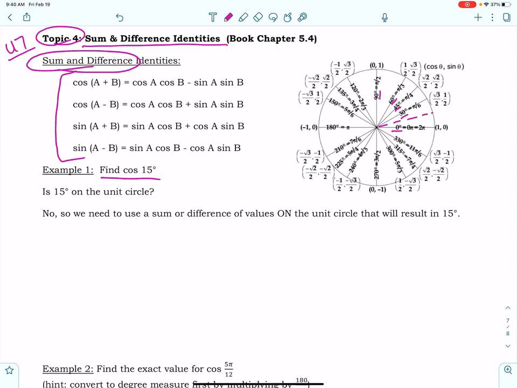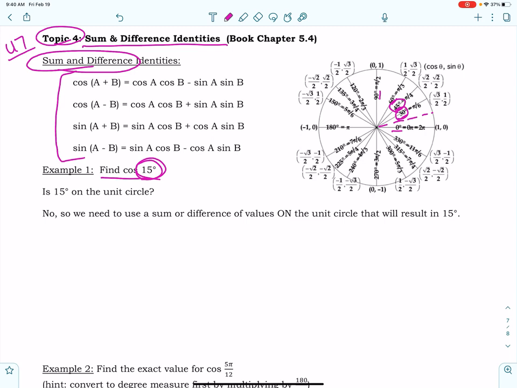So I would go with subtraction here, because it's probably pretty obvious to most of you that 45 minus 30 gives you 15. And both of those values occur on the unit circle. So I want to find values on the unit circle that either add or subtract to give me what I'm looking for, and that way I can rewrite it in an exact value.